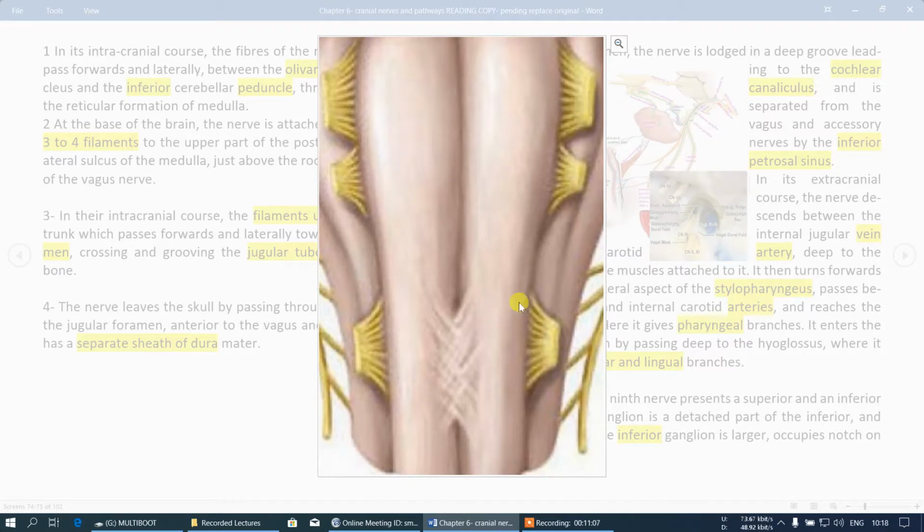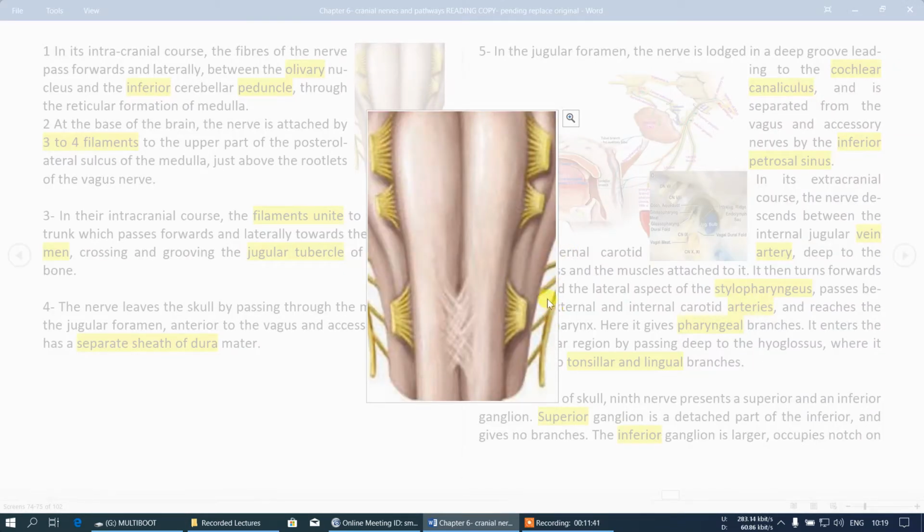From the anterolateral sulcus, that is between pyramid and olive, the 9th, 10th and 12th cranial nerves emerge. These are the rootlets of these cranial nerves. The glossopharyngeal nerve emerges from the anterolateral sulcus of the medulla via multiple rootlets. These filaments will unite to form a single nerve trunk. Then it will come out.